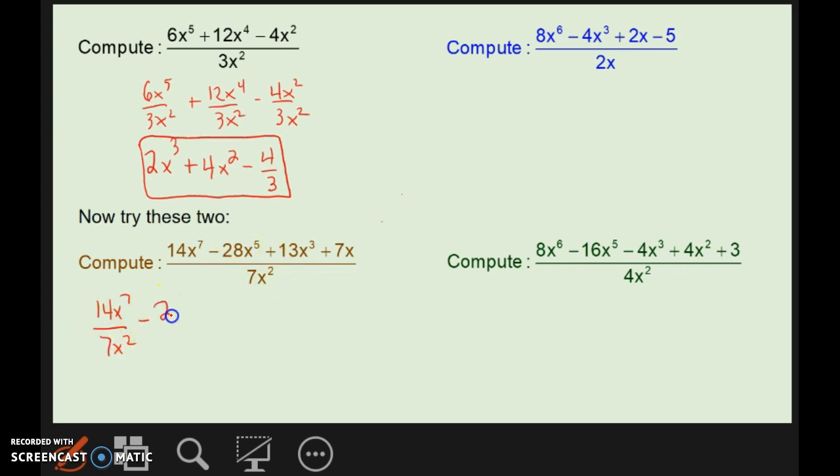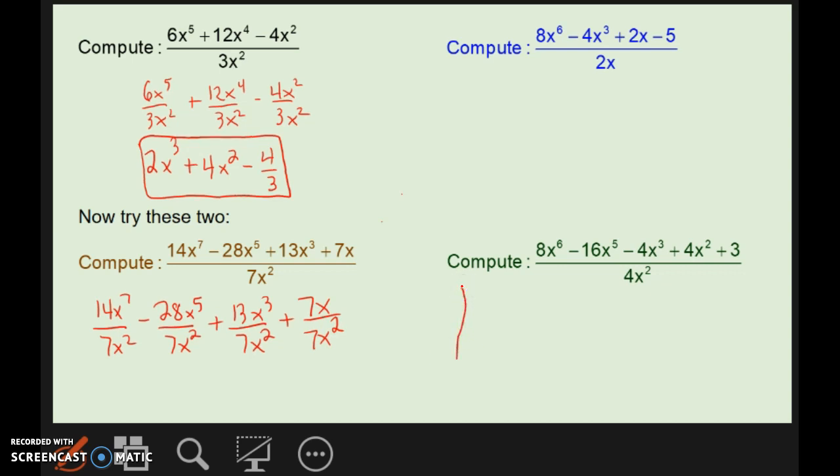We've got negative 28x to the 5th, which we're going to divide by 7x squared. We've got 13x to the 3rd, which we're going to divide by, you guessed it, 7x squared. And finally 7x, which we divide by 7x squared again.